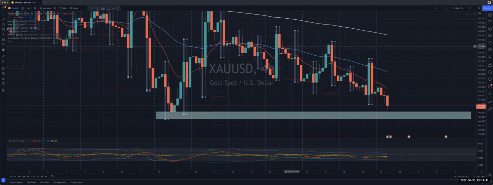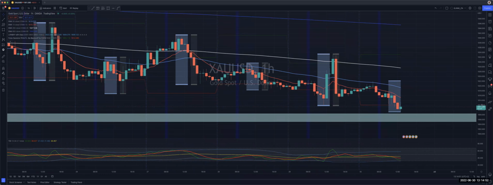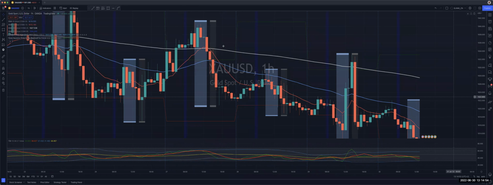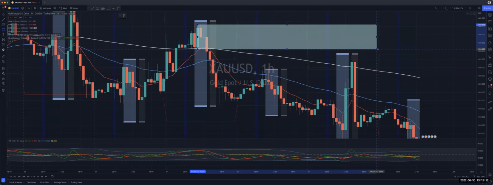Okay, so let's drop to the H1 and see what we have there. Looking at the previous days here, this would have been our area of interest, from this particular day, which was Monday, Tuesday, Wednesday.